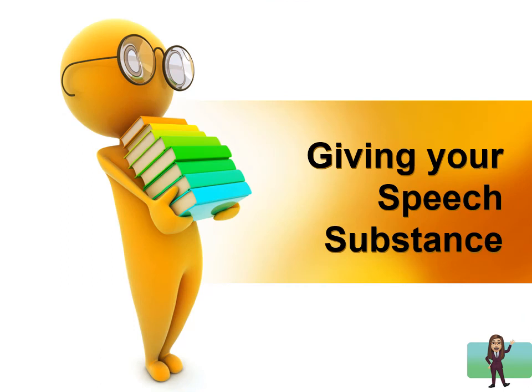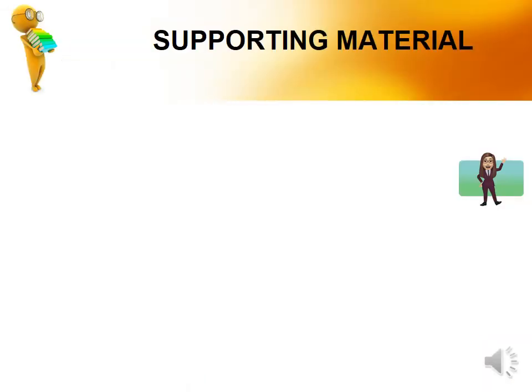Okay, so how are you going to give your speech substance? Now, you have to have supporting material. So, these are the data that you use to back up your points.